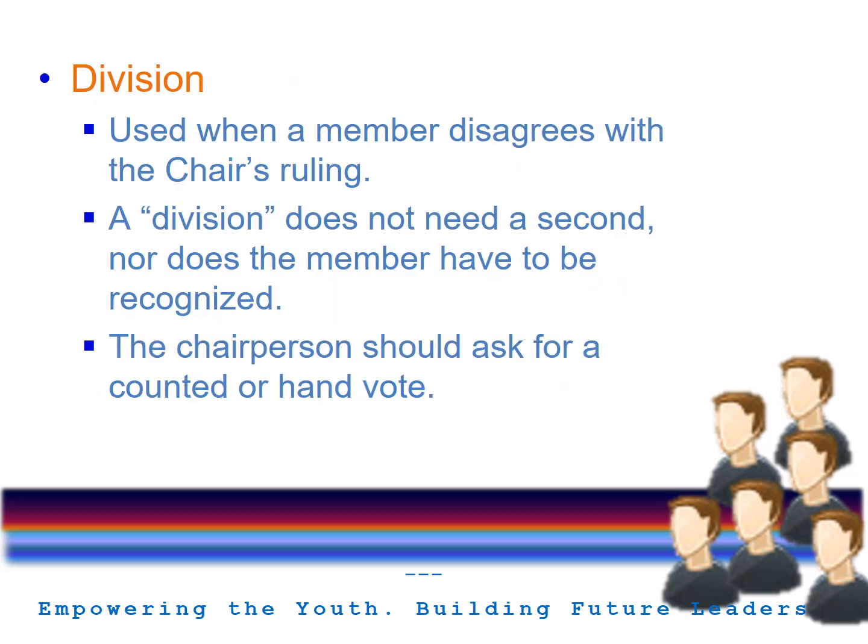When we say vote, it's always parallel to saying division of the assembly. When we say division, this is used when a member disagrees with the chair's ruling, and division does not need a second, nor does the member have to be recognized. The chairperson should ask for a counted or hand vote. This would be discussed later.